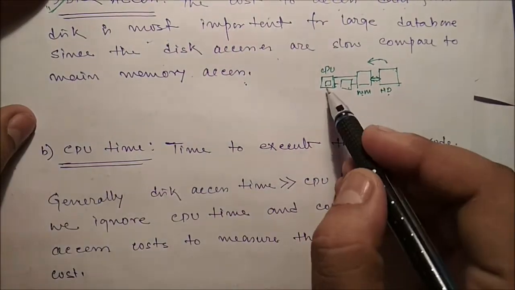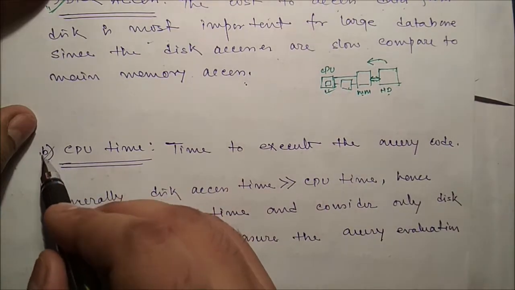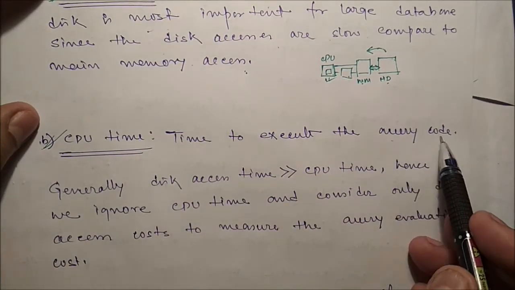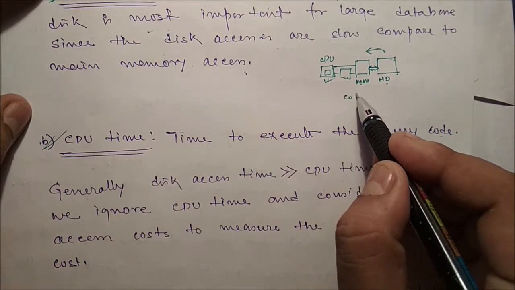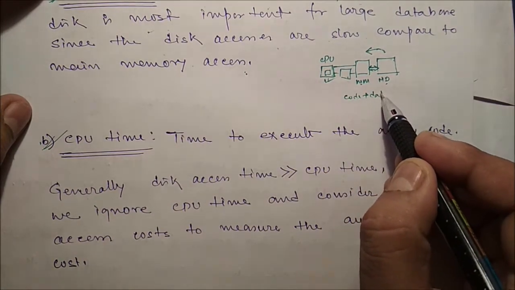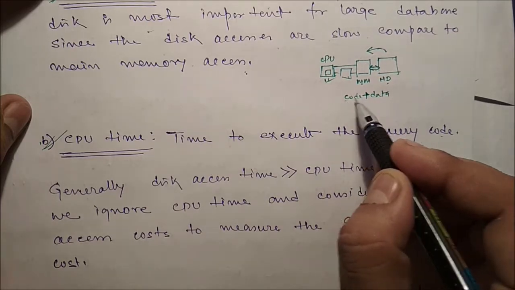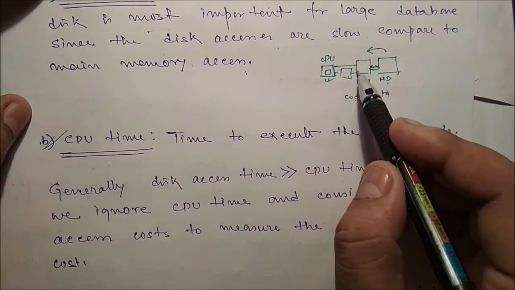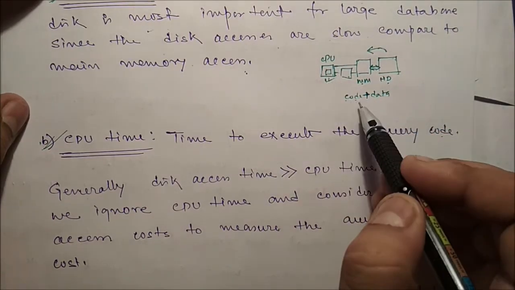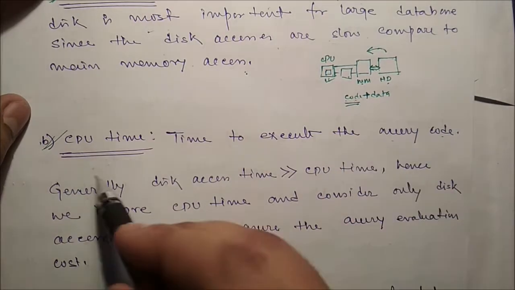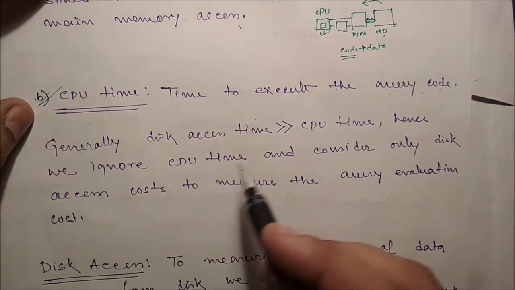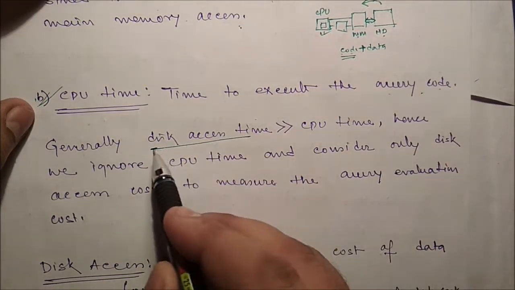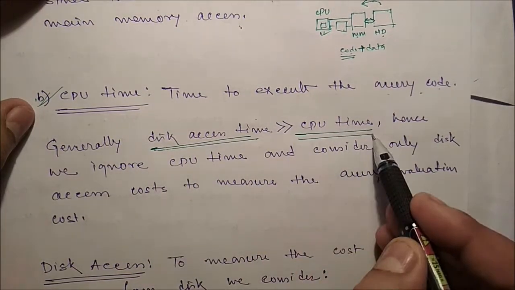Now CPU time is the time to execute the query code. Here two parts are there: the code of the query plus the data. The code and data must be present in the main memory, and the CPU must execute that code. So CPU time is the time to execute the query code. Generally, disk access time is much higher than the CPU time.